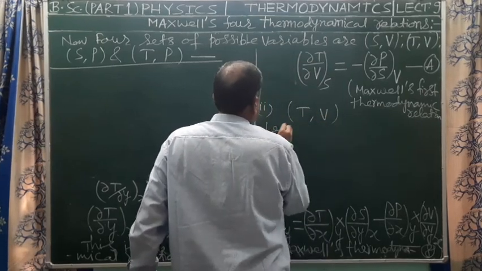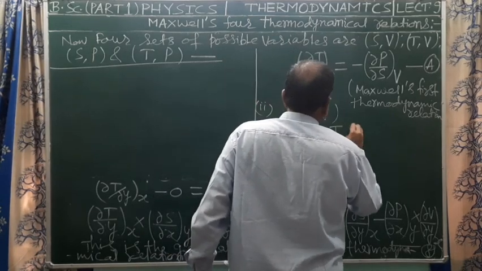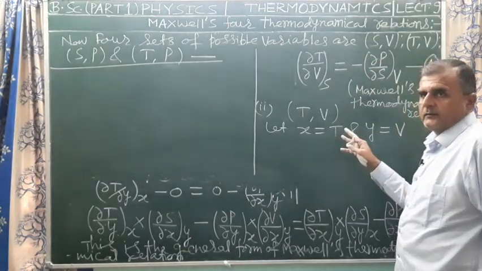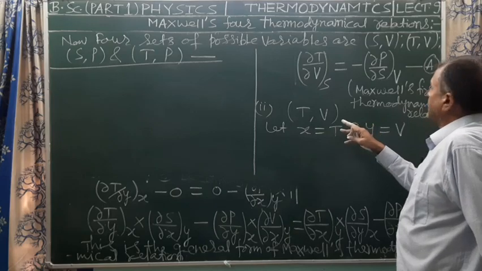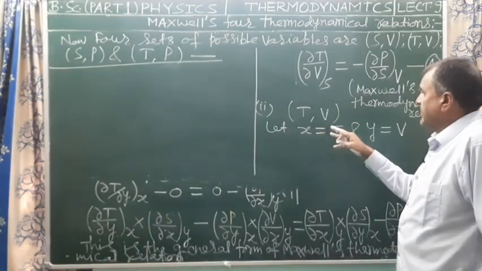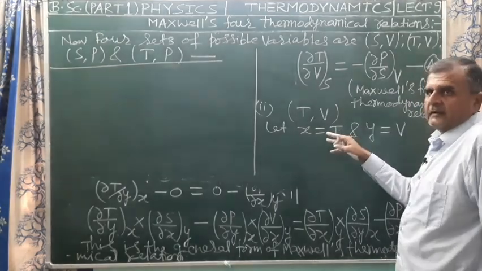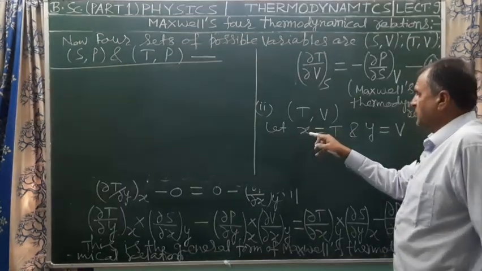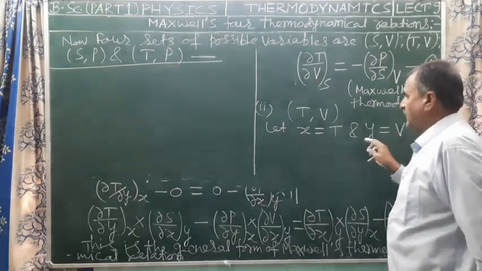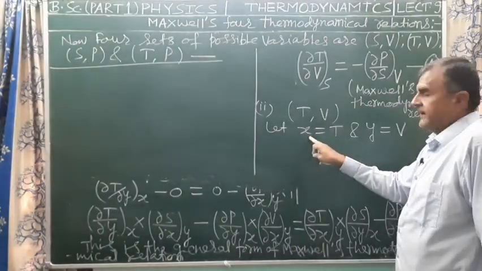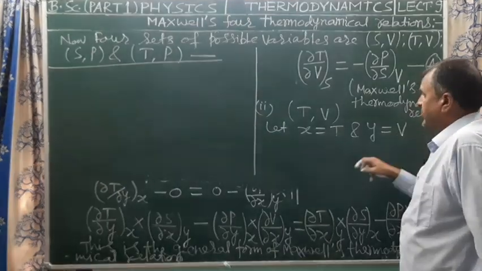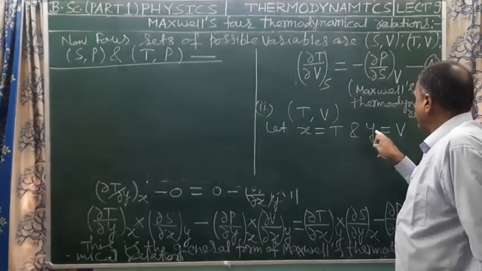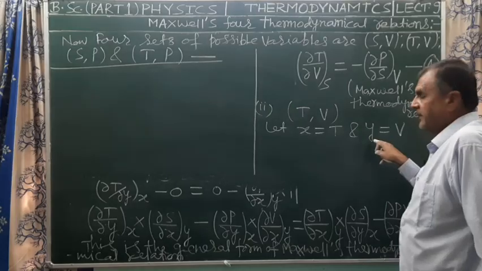Let x equal temperature T and the second variable y equal V. To obtain the second Maxwell thermodynamical relation, for this set of two variables T and V, we use x equals T and y equals V. So we have del T upon del x equals 1 and del V upon del y at constant x equals 1, but del T upon del y equals 0 and del V upon del x at constant y will also equal 0.